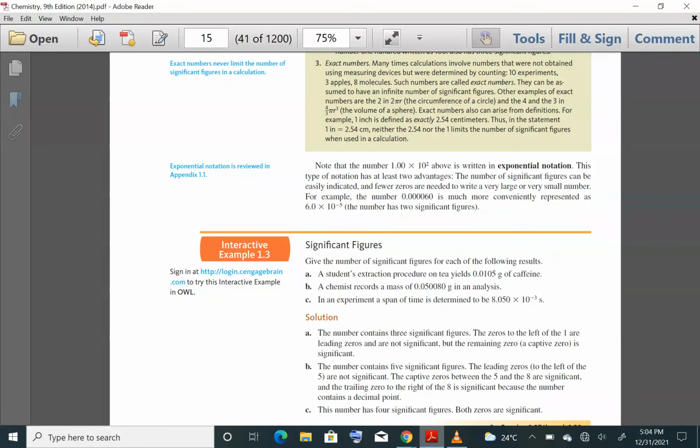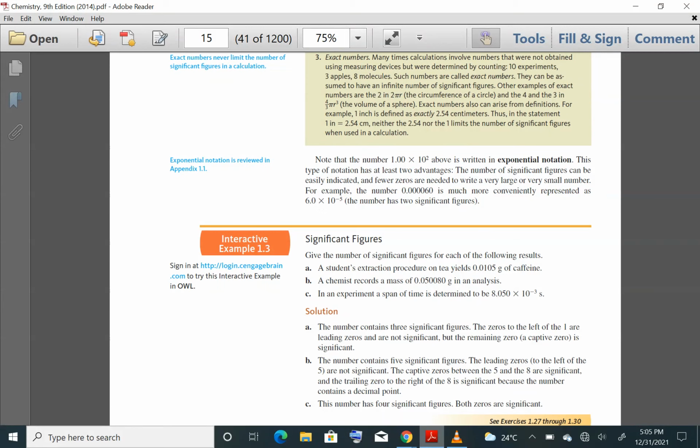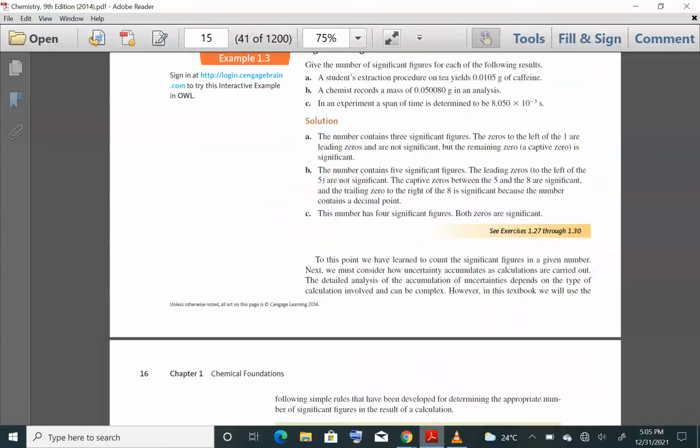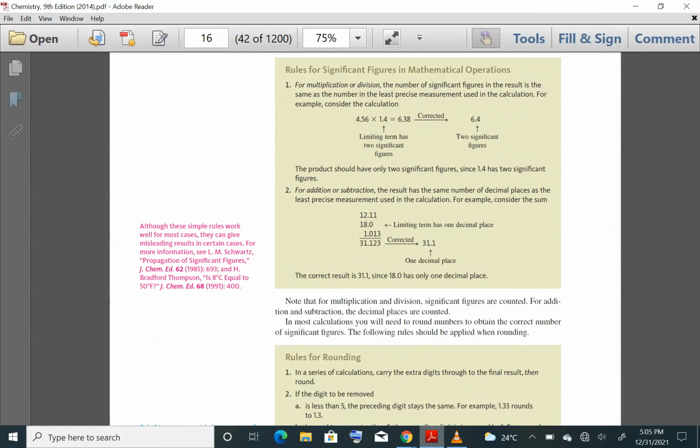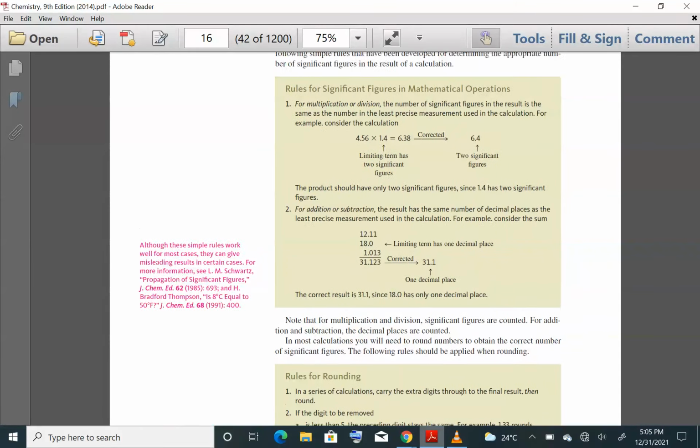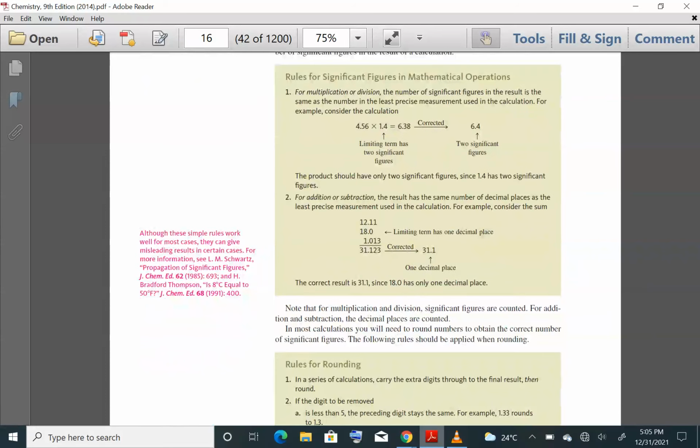You see that 8, of course, is a non-zero digit, so it counts, and then that 0 between 8 and 5 will count as well because it's a captive zero, and then the trailing zero is also going to be significant because this particular number has got a decimal point. So that's how we're arriving at 4 significant figures.